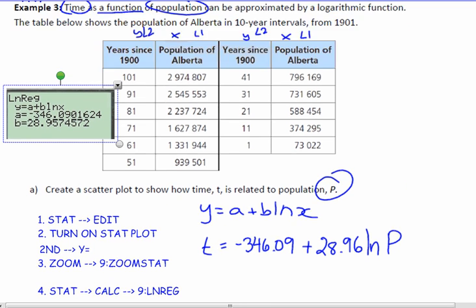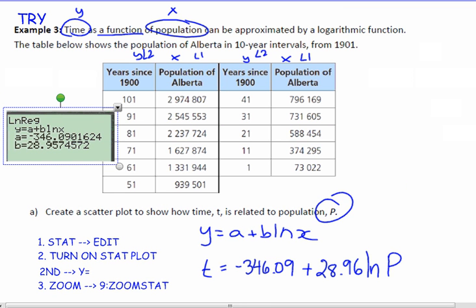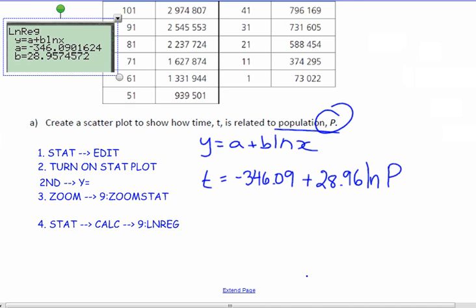Remember, time was a function of population, your y a function of x. So x is the population. So x would be the p variable for population, t for time. Remember, we said y is time, x is population. Okay, there's our equation. Can you figure out the rest of those?